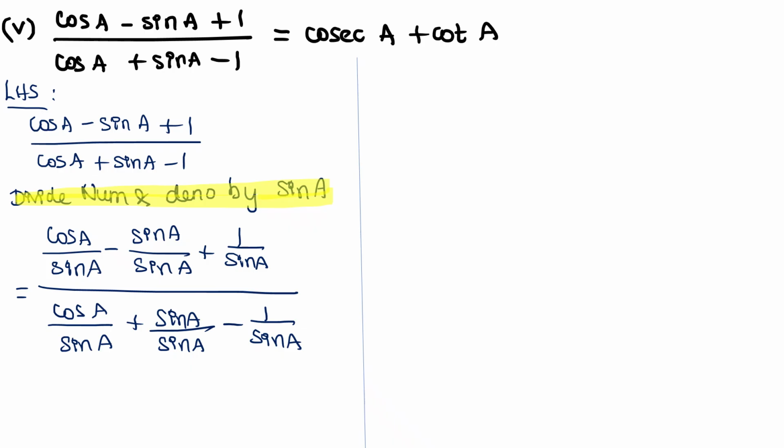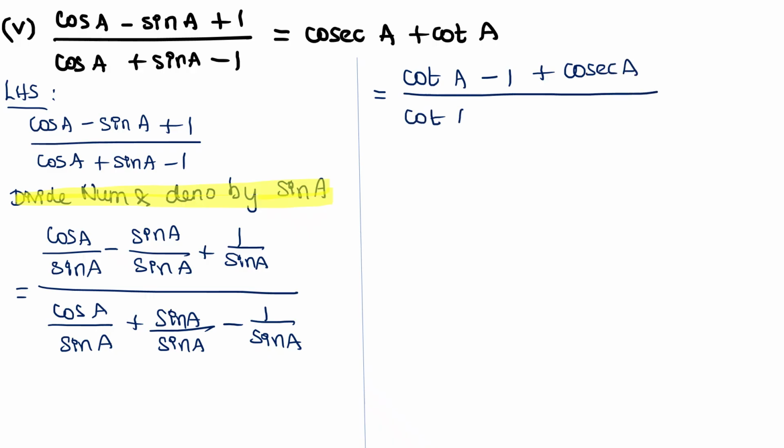So now cos A by sin A is cot A. Sin by sin is 1. 1 by sin A is cosecant A. So I am going to write that over here. You will have cot A minus 1 plus cosecant A, that whole divided by cot A plus 1 minus cosecant A. Now I am going to interchange these places alone on the numerator.